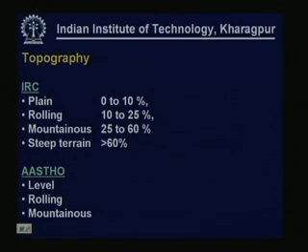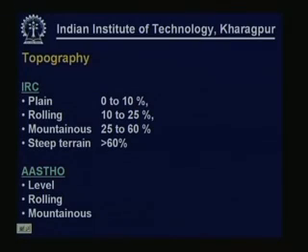So, terrain is classified based on the cross slope of the country. Cross slope is the slope approximately perpendicular to the road. What is the slope? This is expressed normally in percentage.